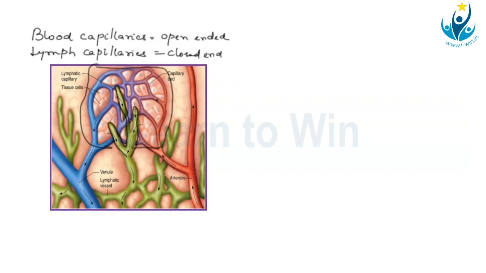Let me first draw a blood capillary. I'll draw the same thing that is here so that it's even clearer. So I have a structure like this, which is highly branched.